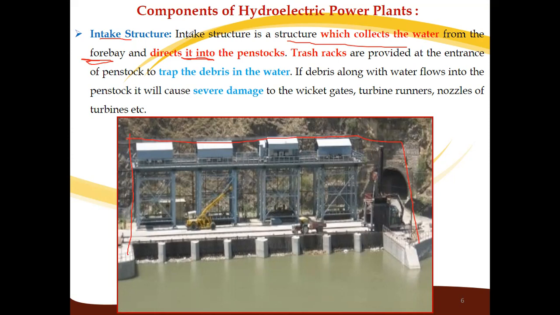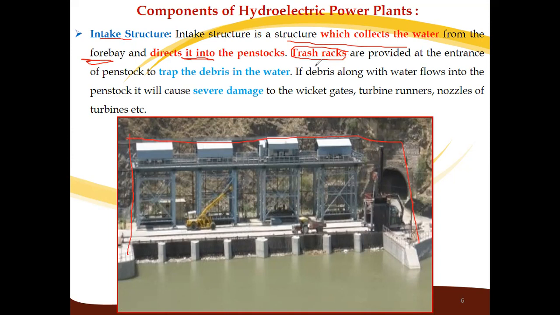Now in the intake structure, a trash rack is provided. Different intake structures are available in hydroelectric power plants, and the selection of the intake structure depends upon various local conditions. The intake structure contains an important component known as the trash rack.